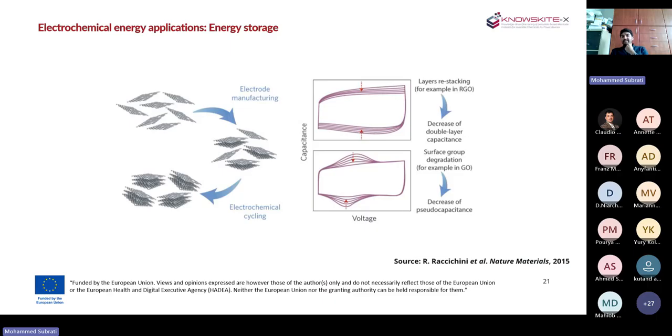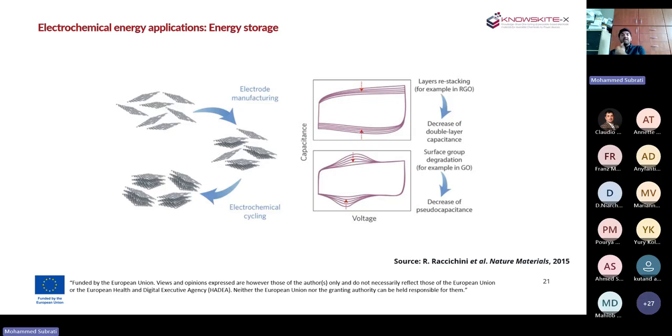Graphene. What about graphene materials for energy storage? Well, in the case of reduced graphene oxide, as you may have imagined, it is electrically conductive, so it's good. But because it does not have the oxygen functional groups, it doesn't have two things: the redox sites, which can enhance the pseudocapacitance.